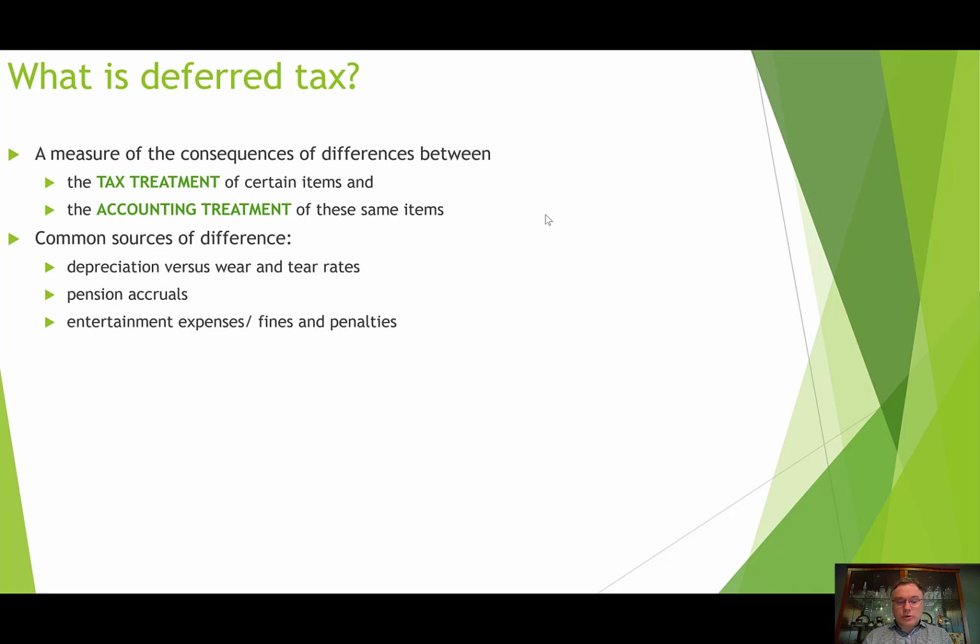Other examples are shown on the slide. You've got accrued pensions, which are deducted in arriving at accounting profit, but not allowed to be deducted when arriving at taxable profit. And a similar outcome for entertainment and fines and penalties. These are deductible for accounting purposes, but not deductible for tax purposes.